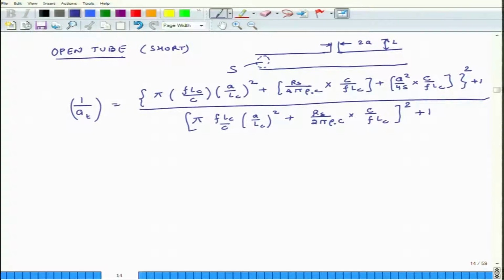So, through this complicated expression we can calculate 1 over AT, which is the transmission coefficient of this entire device, and the transmission loss is nothing but 10 log base 10 of 1 over AT.